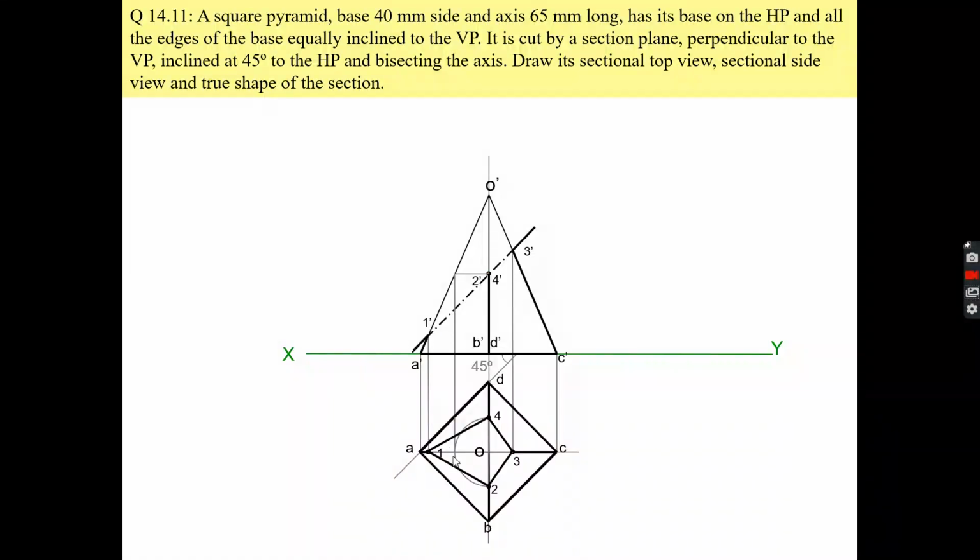Now your top view will look like this, front view will look like this, different from the previous question, of course. So the only difference is the transfer of a point, and the other portion is the same as in the previous question.